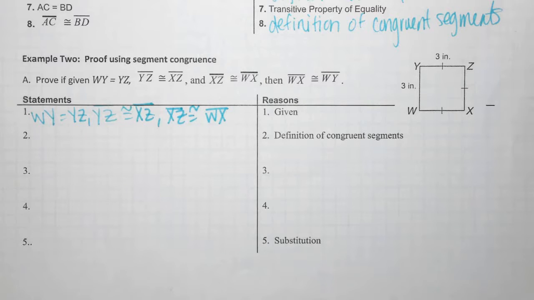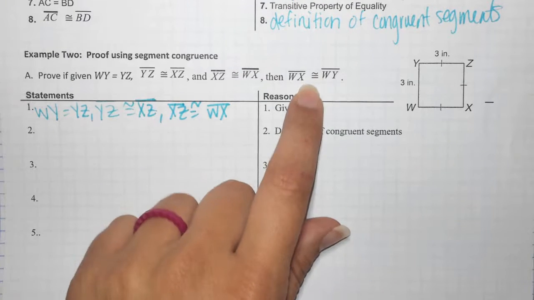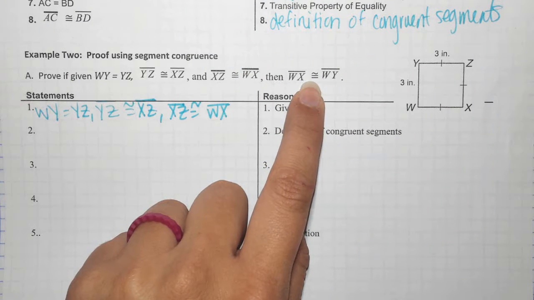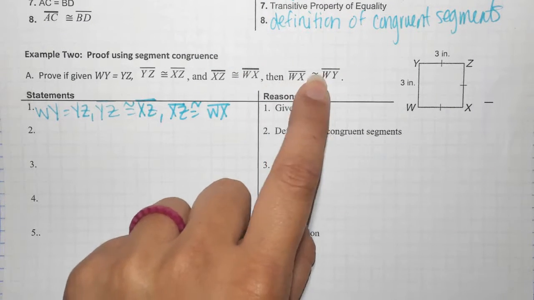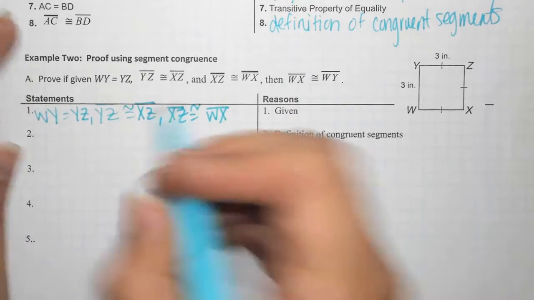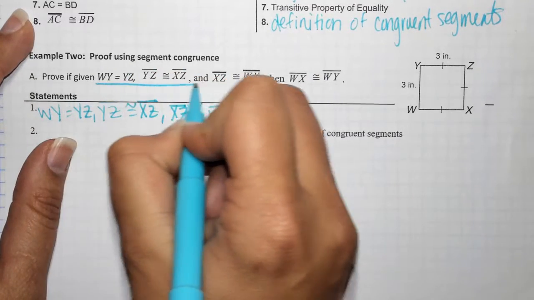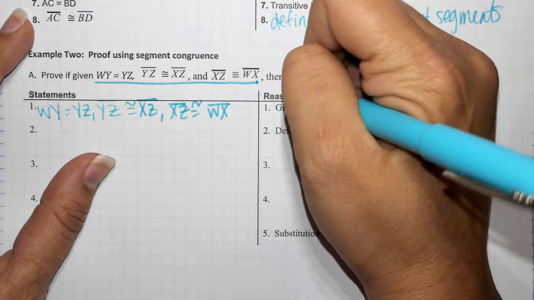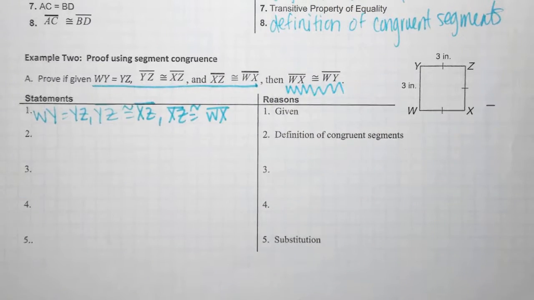On the left one, you got that. This is what we're proving. That's not part of our given. All of them are congruent, if given. This is your given. This is what we prove. So you can't add this to the given.